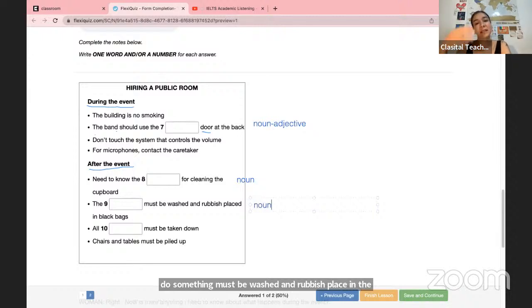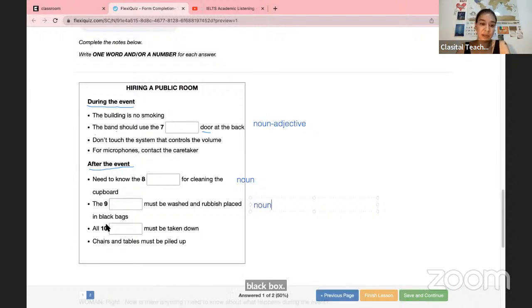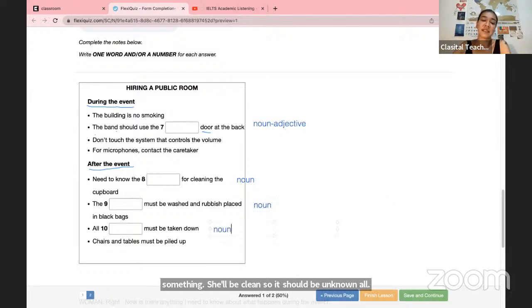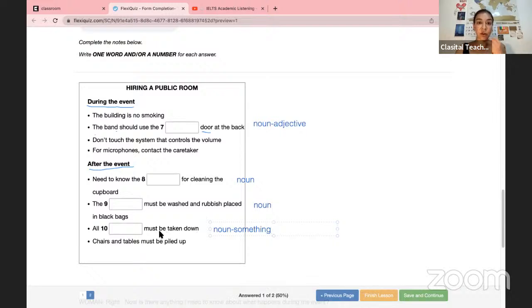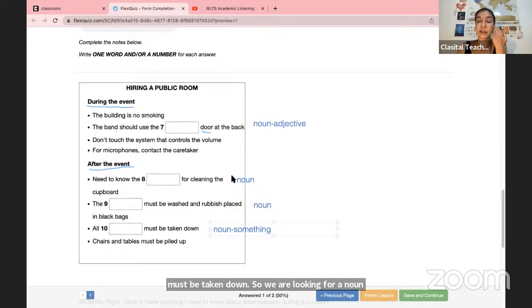The something should be clean, so it should be a noun. All somethings must be taken down. So we are looking for a noun again. We are expecting to hear a noun, not a verb, but a noun. We don't know about this.